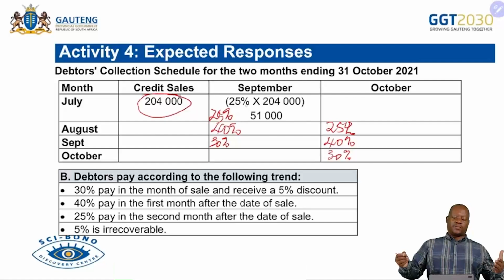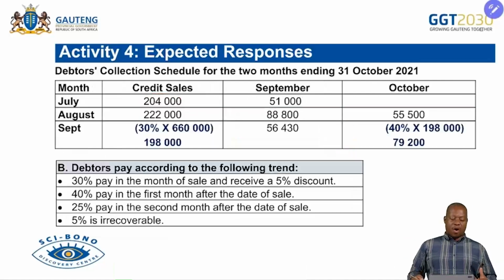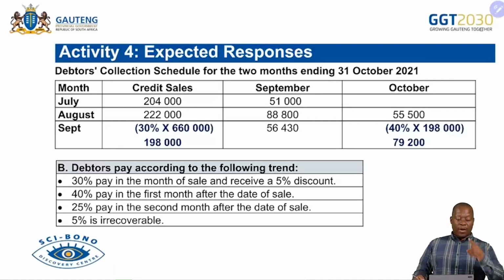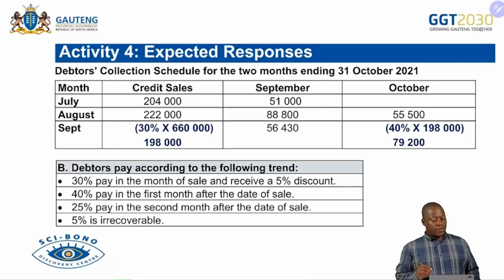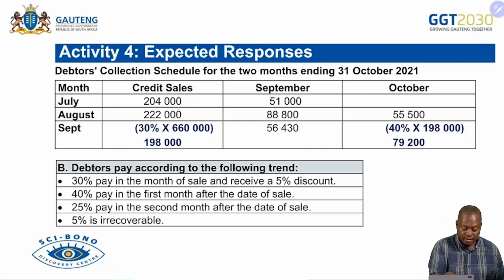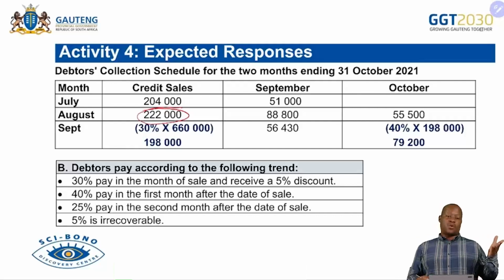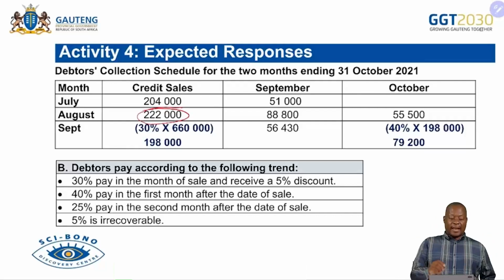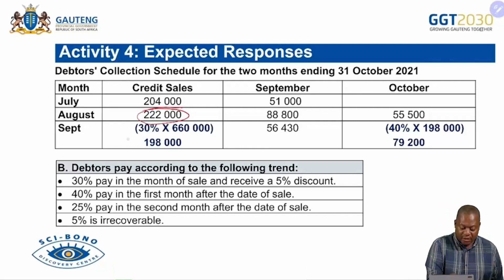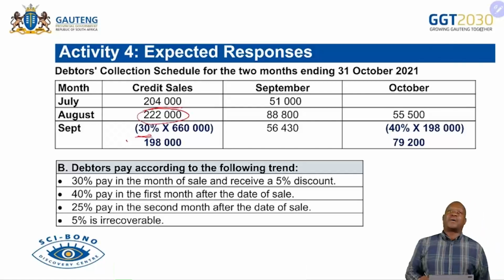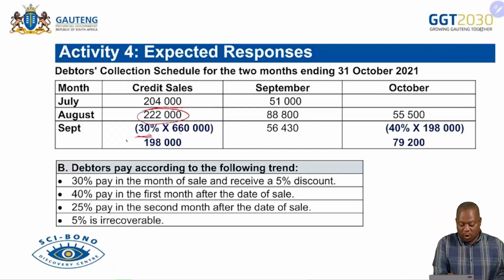That's it, and then we move on. We need to find now the sales for August. You know what we are using, right? And then we need to find the sales for September. Remember, the credit sales for September is 30% of 660,000, because this is already given.